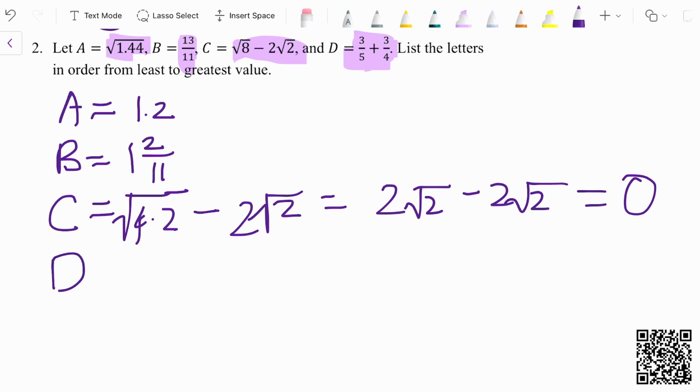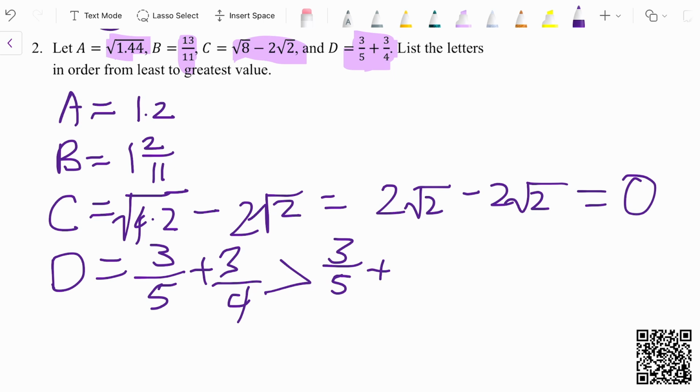And then D. If you're doing this on a test, to save time, you could use this little trick instead of making the bottoms the same. 3/5 plus 3/4 is definitely greater than 3/5 plus 3/5, right? Because 3/4 is greater than 3/5.